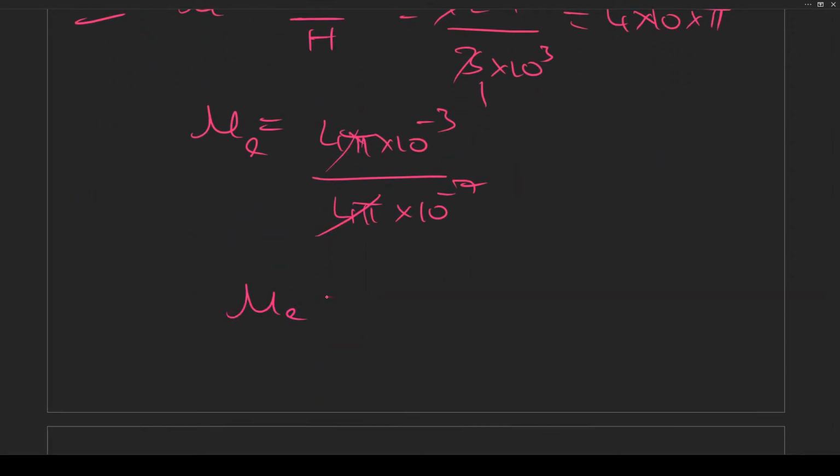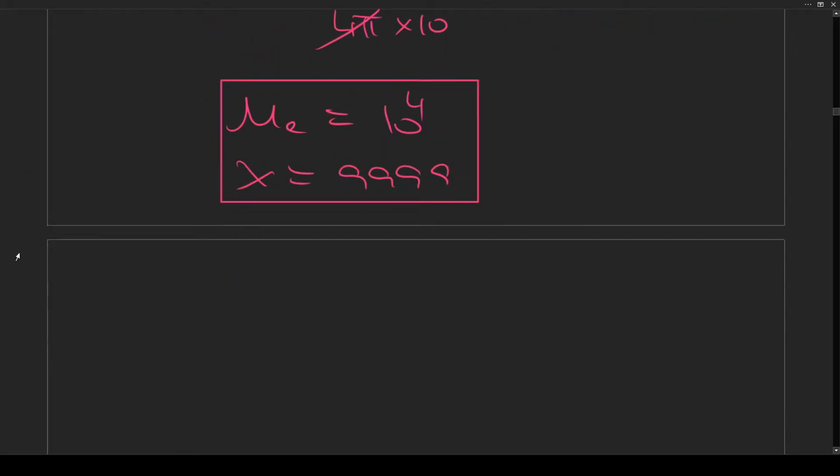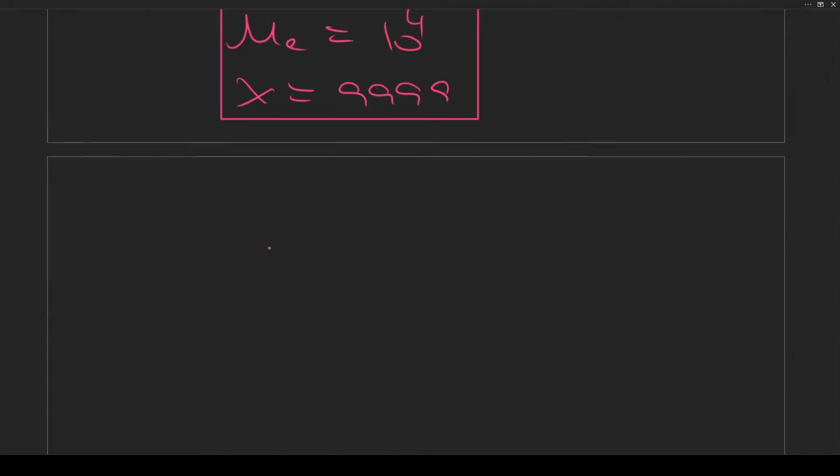So mu r is equal to 10 power 4, and susceptibility is equal to 999. They did not ask us to find the susceptibility. Now let's go to the next question.